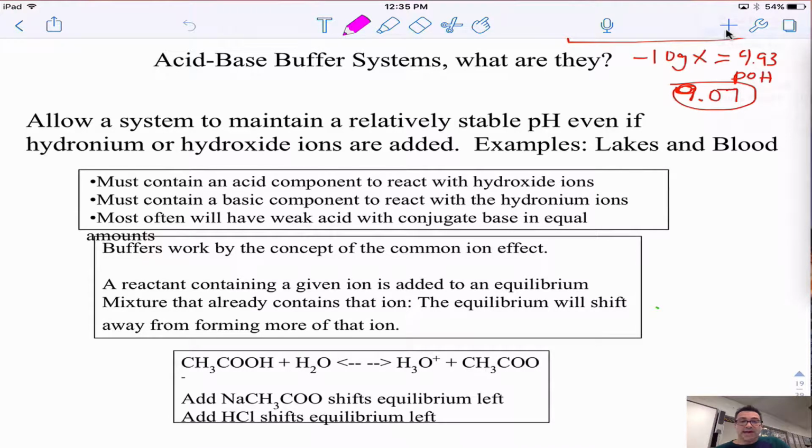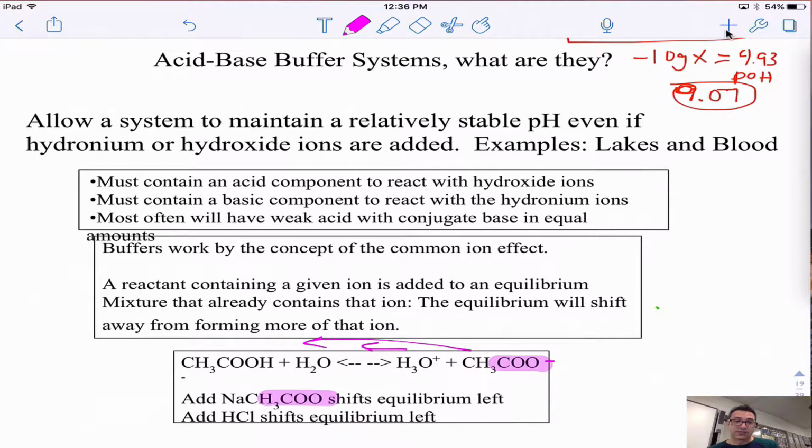So here's my buffer system. If I add some acetate, CH3COO-, the acetate ion will react with the H3O+, and it will shift the reaction to the left. If I add some H3O+, some HCl, I can also shift the equilibrium left.